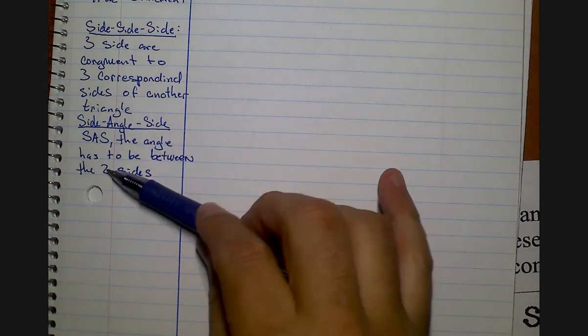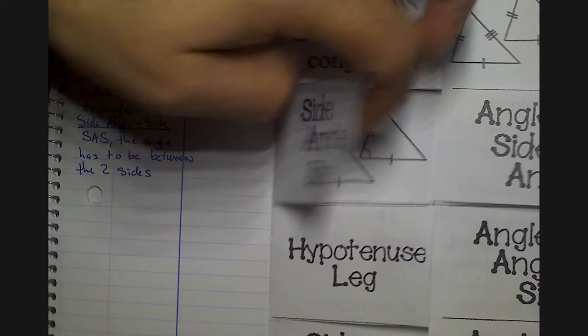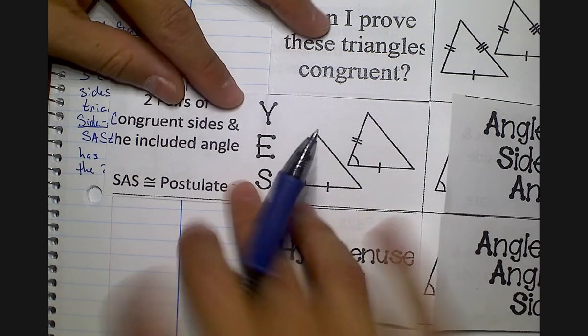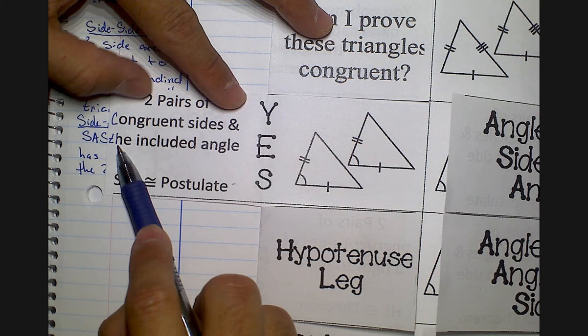So for it to be side angle side, I write it like that for a reason, because the angle is between the 2 sides. That means that the angle is touching both of those sides. Side angle side right here. Okay. So 2 pairs of congruent sides and the included angle.